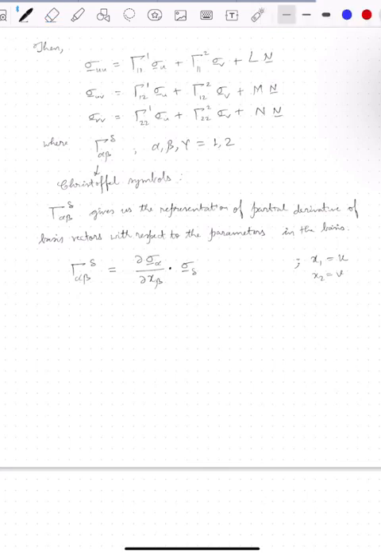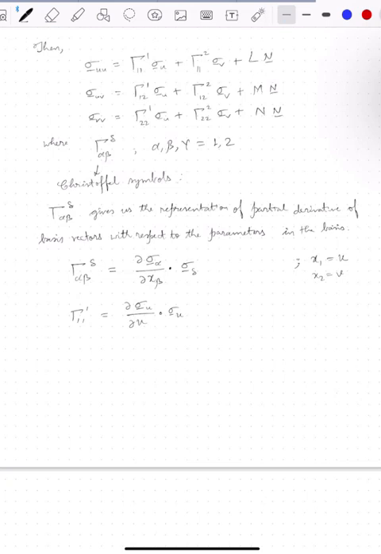And we say that gamma^1_11 is equal to, so in this case, sigma_alpha with alpha equal to 1 implies that we are talking about sigma_u, and x1 is u, dotted with sigma_delta with delta 1, which is also u.